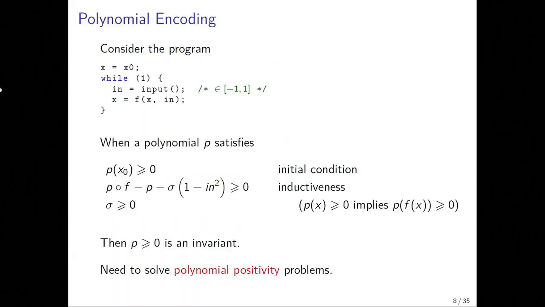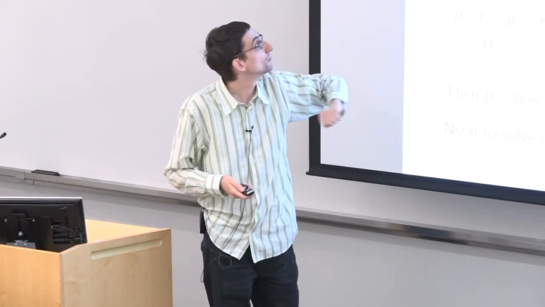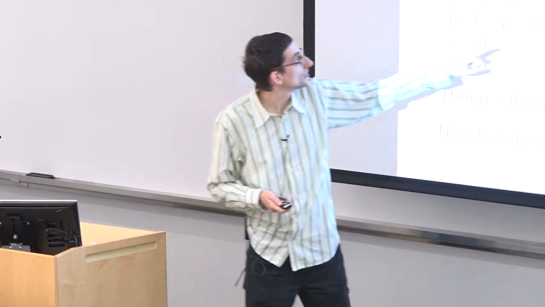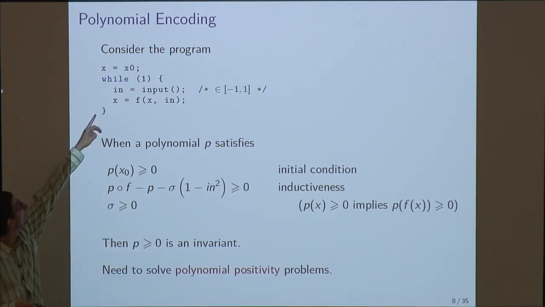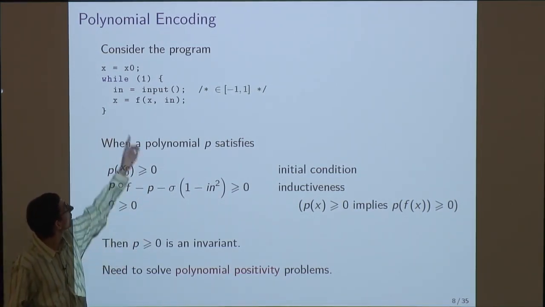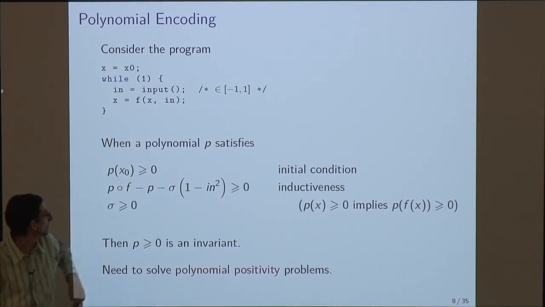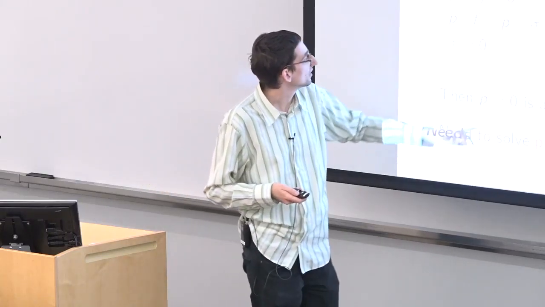So how do we synthesize such invariants? We get this kind of program, reading some input that we assume is bounded and computing some function, which we call f. We want a polynomial p such that if p is non-negative before applying f, then p of f and the bounded input remains non-negative. We can encode it like that.